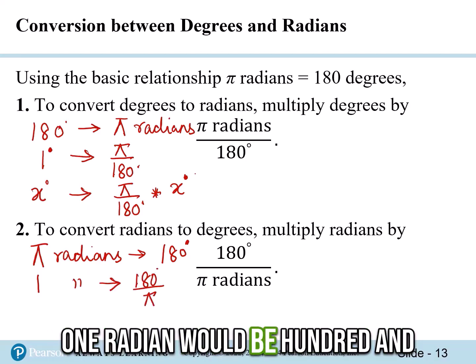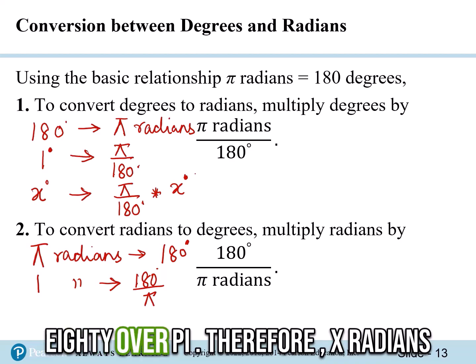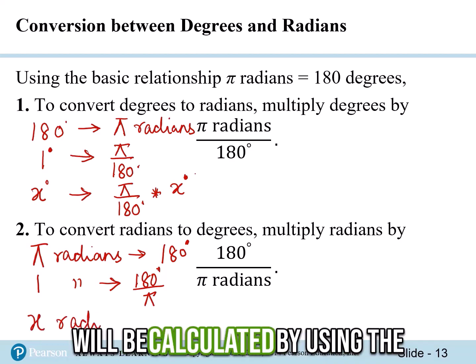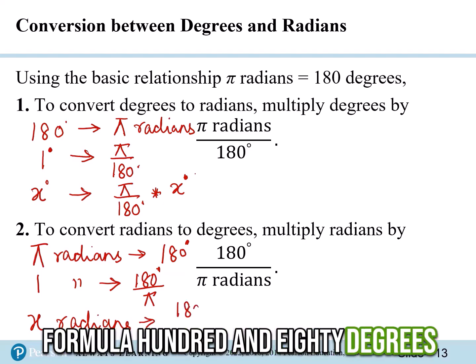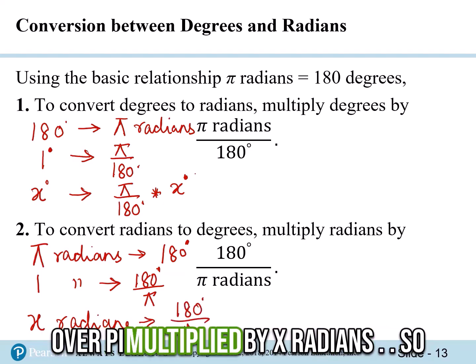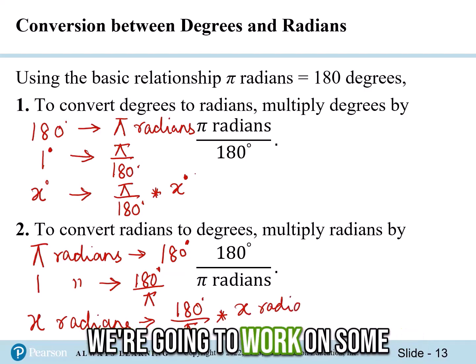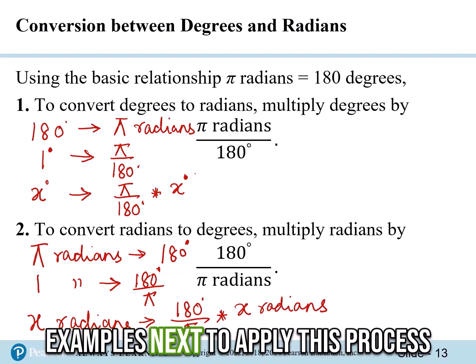So x radians will be calculated by using the formula 180 degrees over pi multiplied by x radians. So we're going to work on some examples next to apply this process.